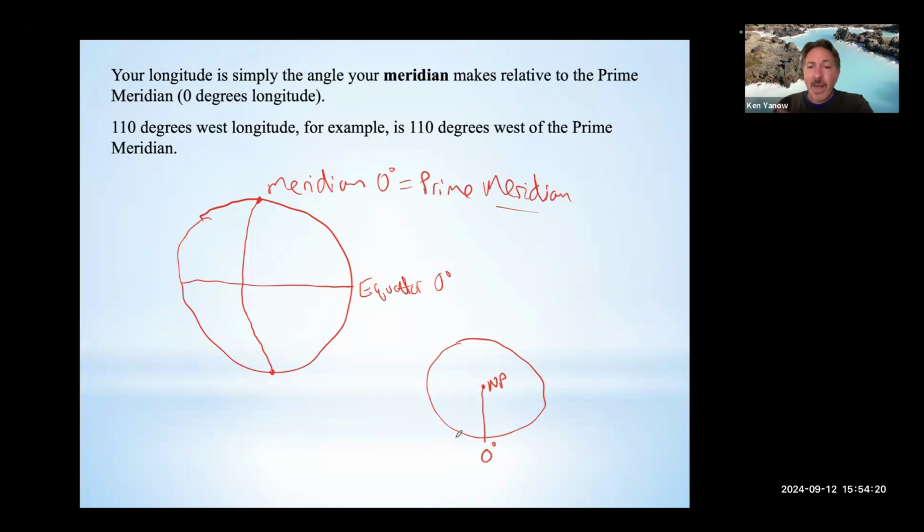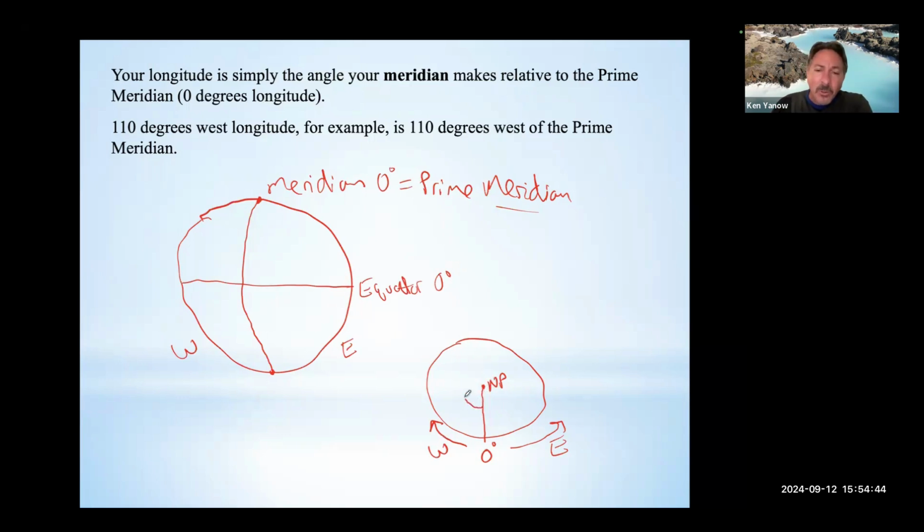Now I've just divided the world into, again, two hemispheres. This is the Western Hemisphere, and this is the Eastern Hemisphere. So again, this is the west side, and this is the east side. Now, the line of longitude is simply going to be the angle you make relative to the prime meridian.